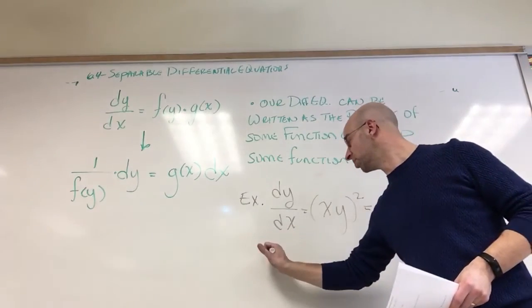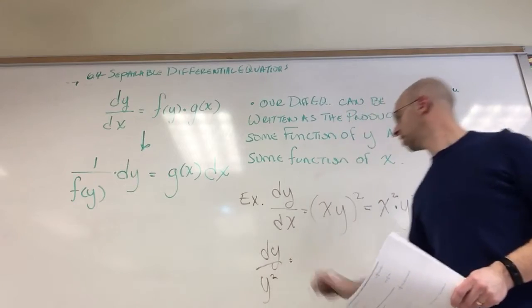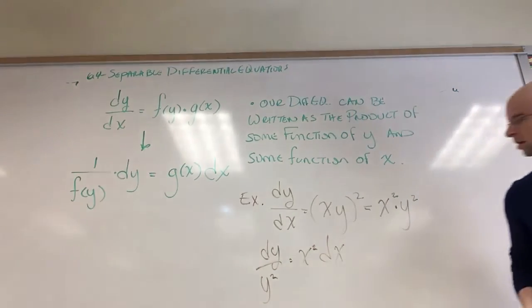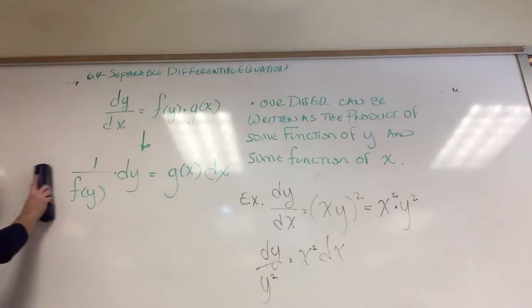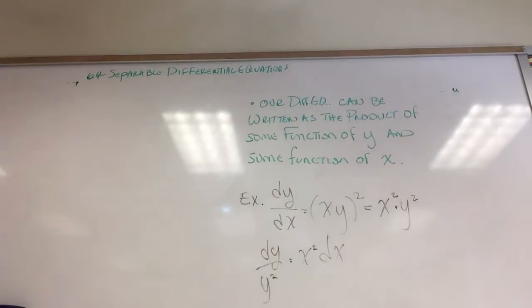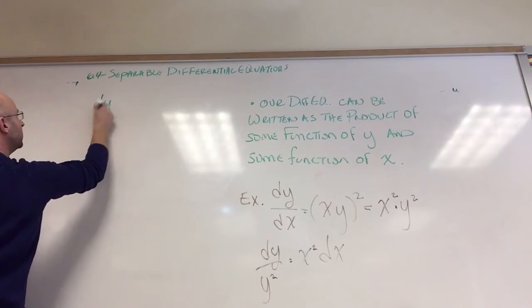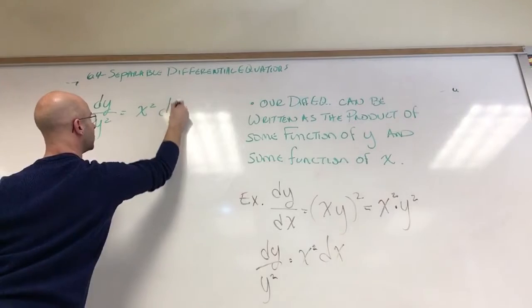Turn this into dy over y squared equals x squared dx.